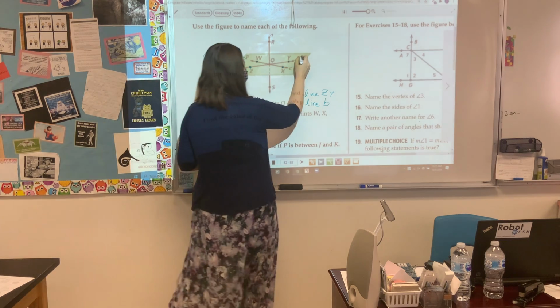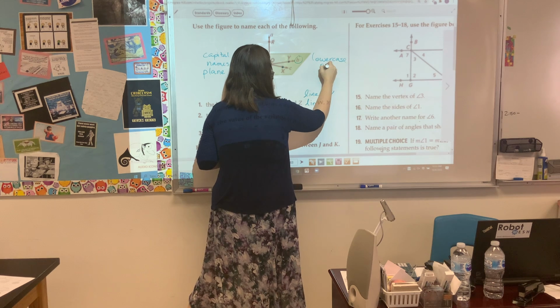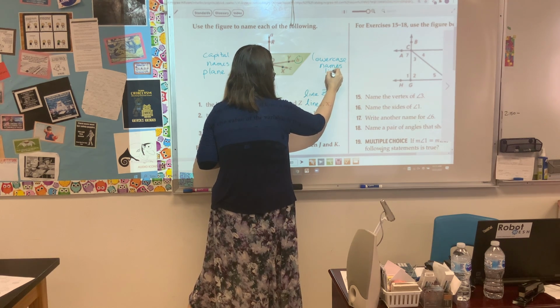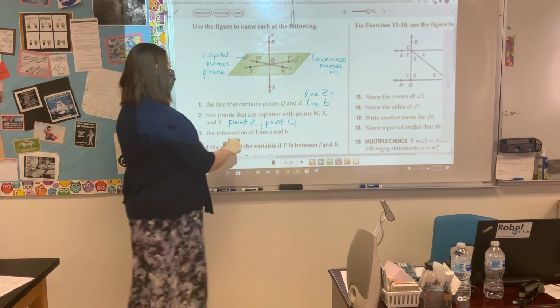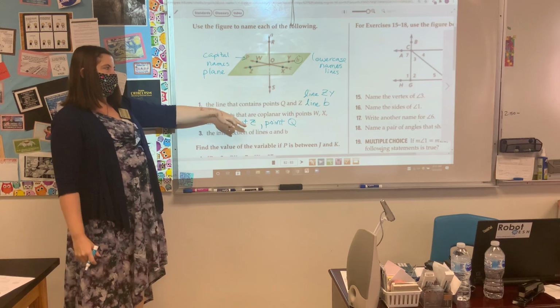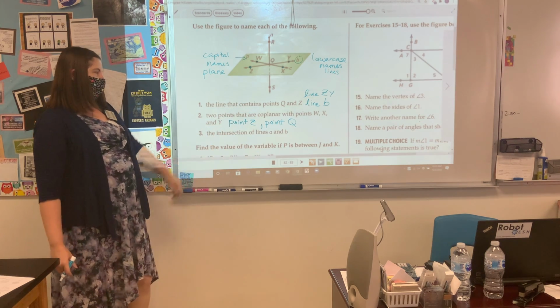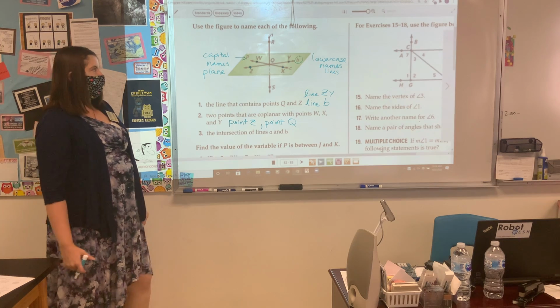Just like this lowercase letter names the line. And every time that we're using points, we're using the names of points to help describe lines or describe planes. What is the intersection of lines A and B?